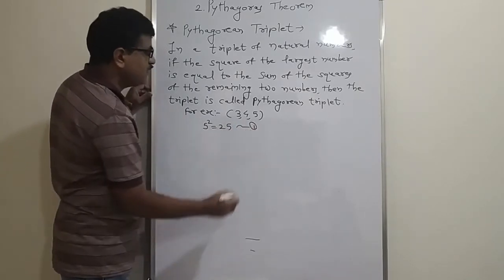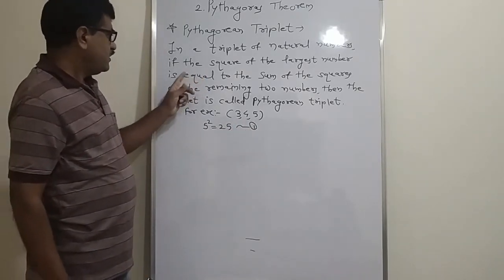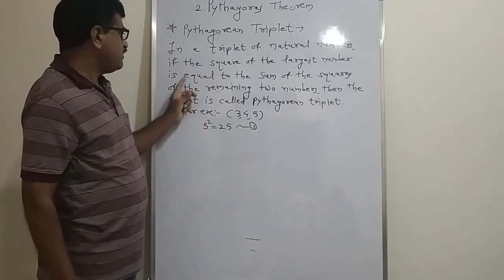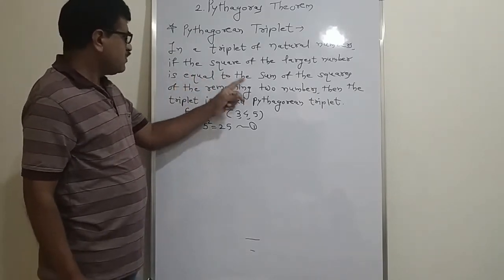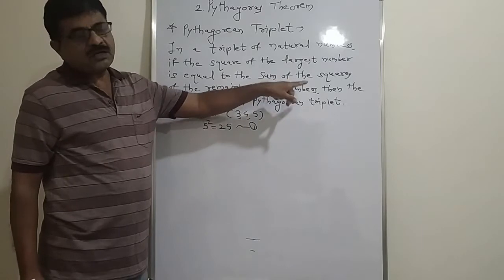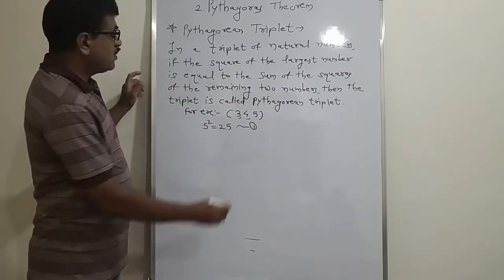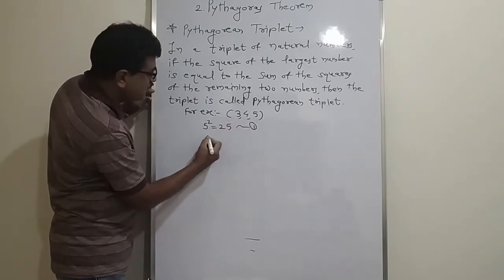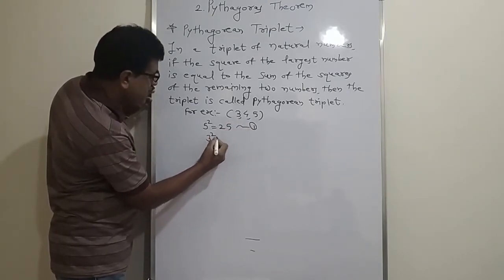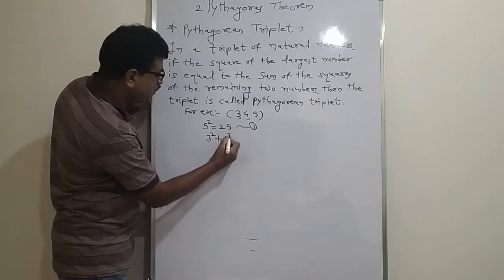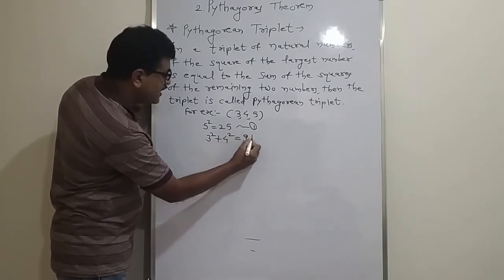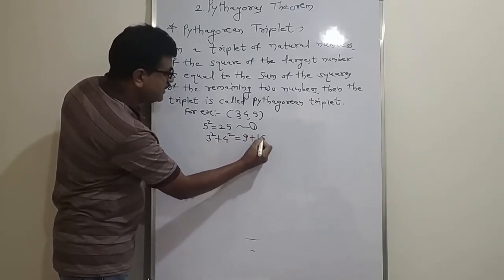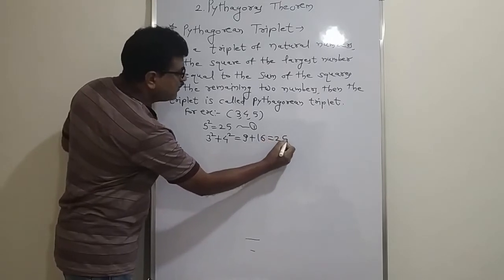This is number 1. And the square of the largest number should equal the sum of the squares of the remaining two numbers. The remaining two numbers are 3 and 4. Therefore, 3 square plus 4 square is equal to 9 plus 16, which is equal to 25.